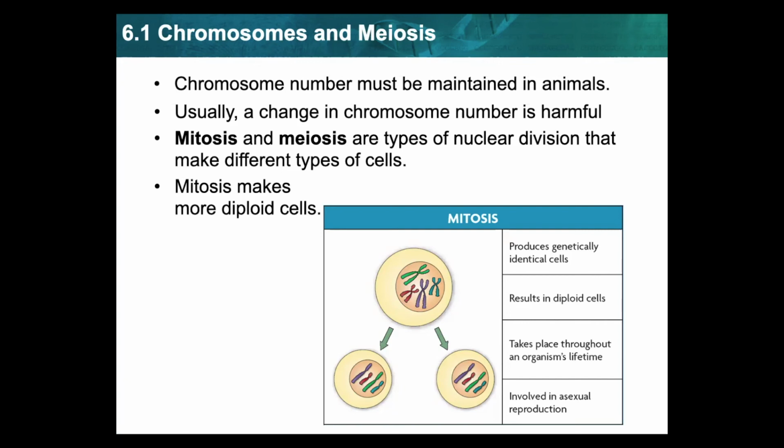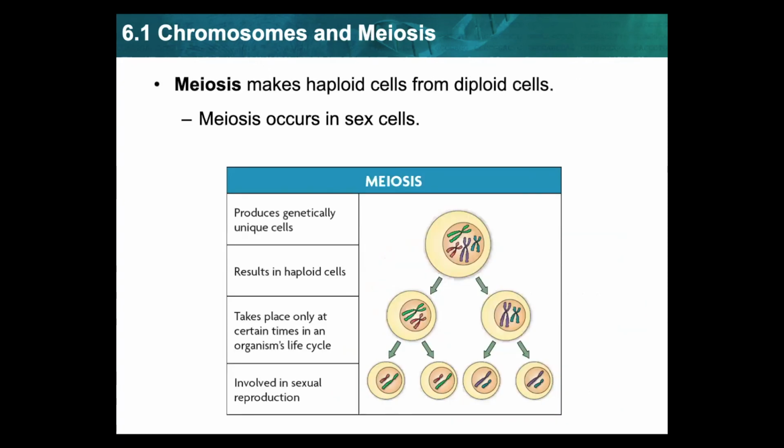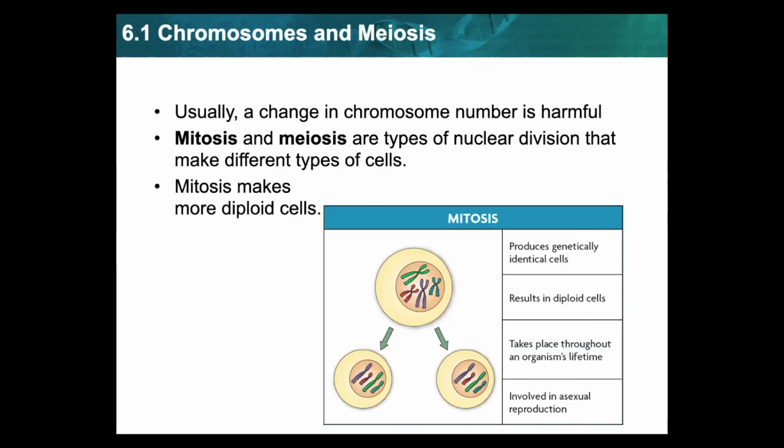Mitosis and meiosis are 2 kinds of division of cells. They make different kinds of cells. Mitosis, as we talked about earlier, its purpose is to make more of the same kind of cells. Mitosis makes more diploid cells. So mitosis starts with diploid cells, and it makes more diploid cells.